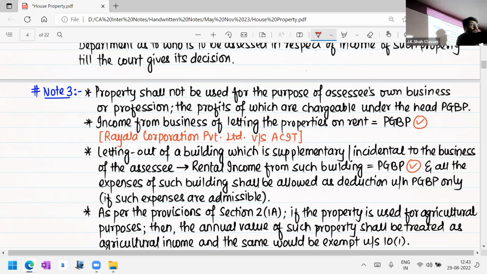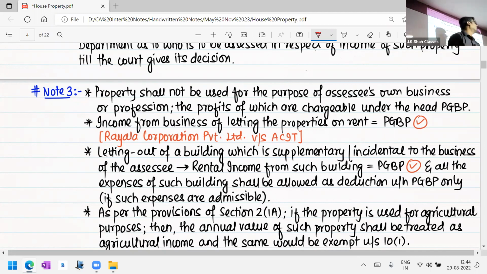Now coming to the third case. Please listen to me very carefully. I am in the business of buying and selling the properties. Taking the properties and giving them on rent is not my business. Buying the properties, selling the properties, earning profit is my business.